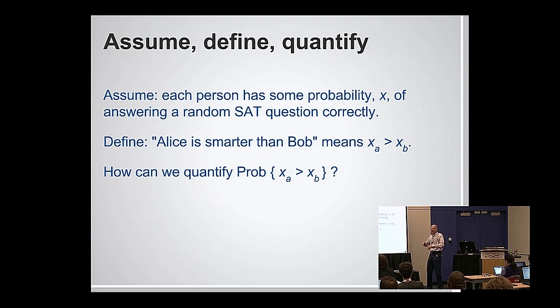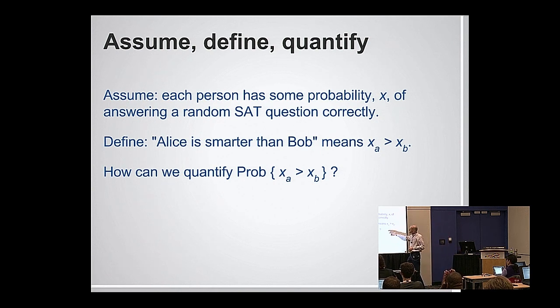Well, all right, okay, so now I update my belief and I'm giving you like a 60. Now, ignoring what smarter than means, it just means that your chance of answering a random SAT question is higher than somebody else's.